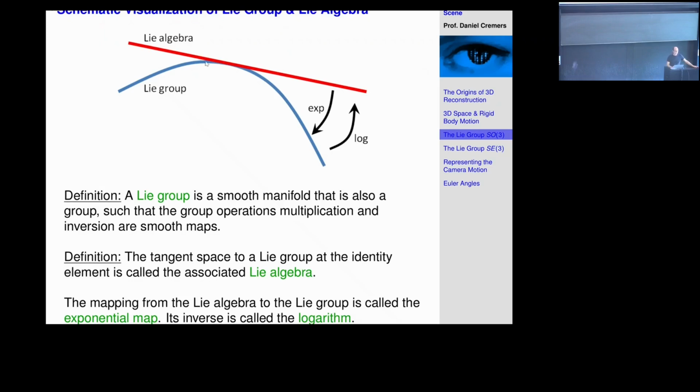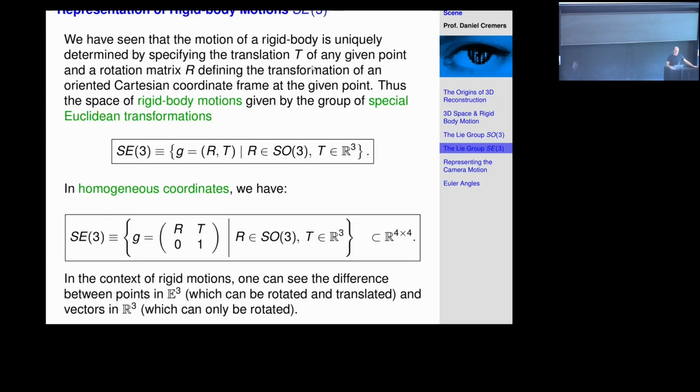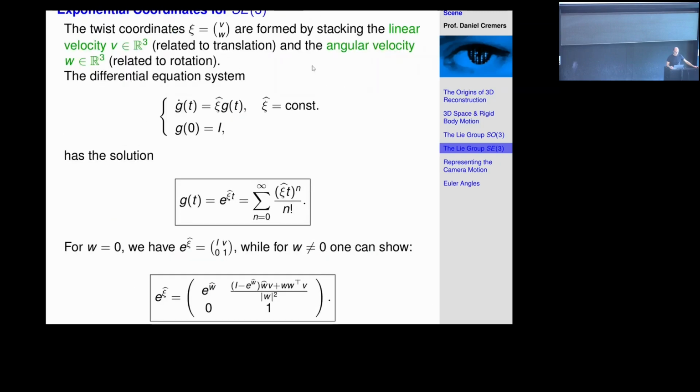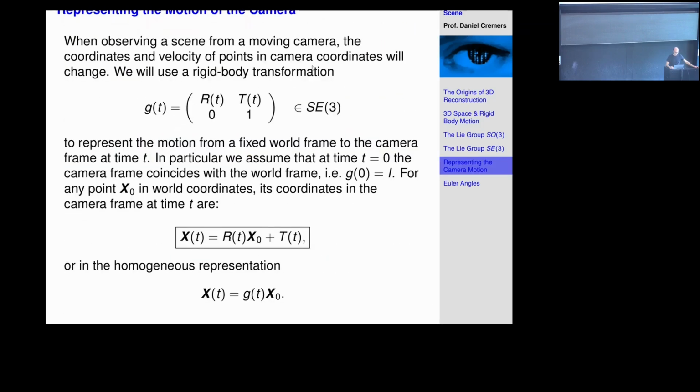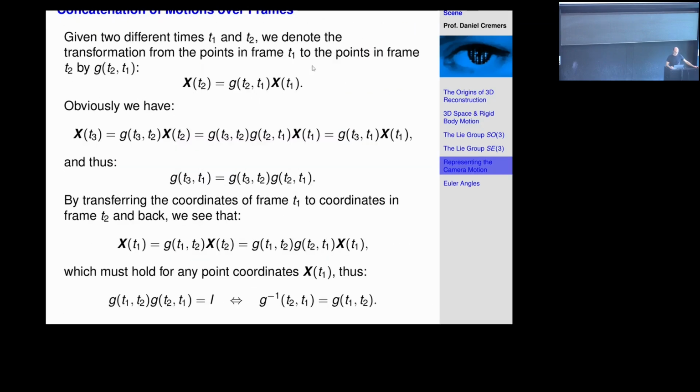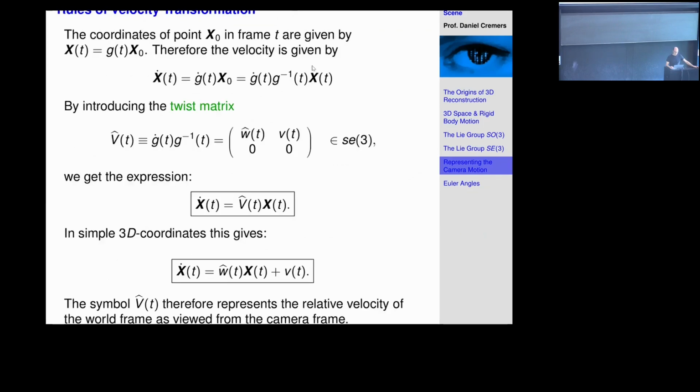But instead, what you can do is represent it by its tangent space. And we showed that this tangent space is parameterized by the skew-symmetric 3x3 matrices, this forms the Lie algebra, this tangent space.